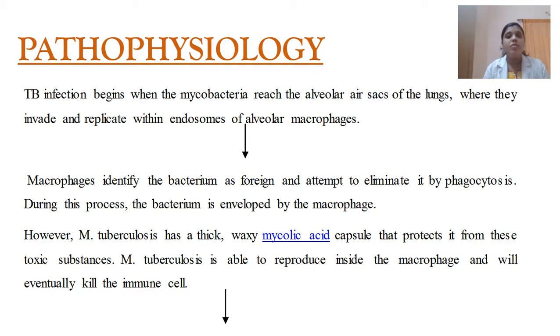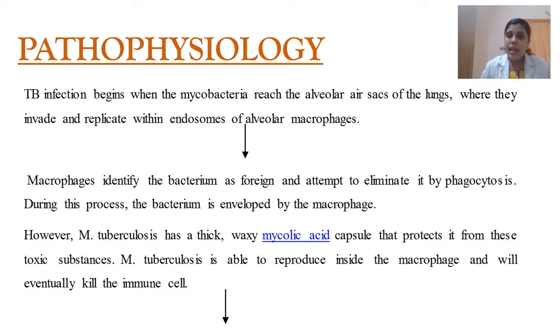Because of the presence of this capsule, the bacteria can easily escape from phagocytosis. Understand? The waxy mycolic acid capsule protects them from phagocytosis and slowly they start to kill the macrophages.